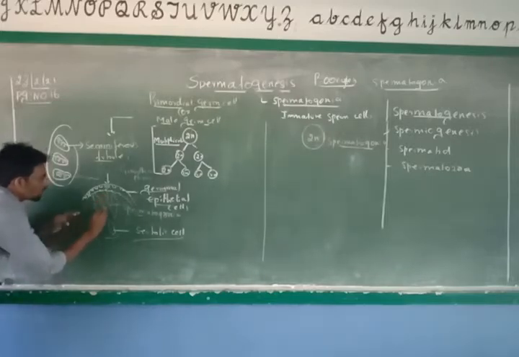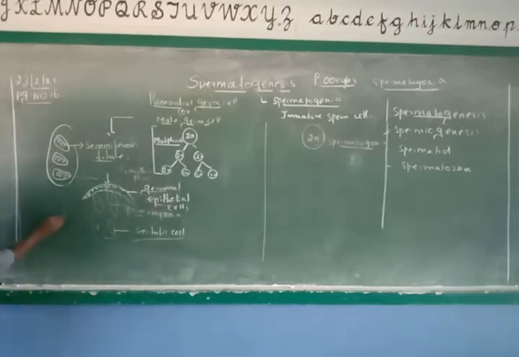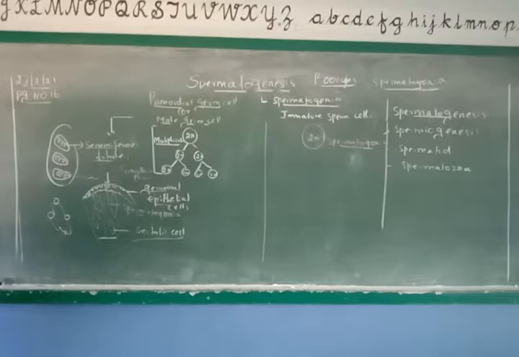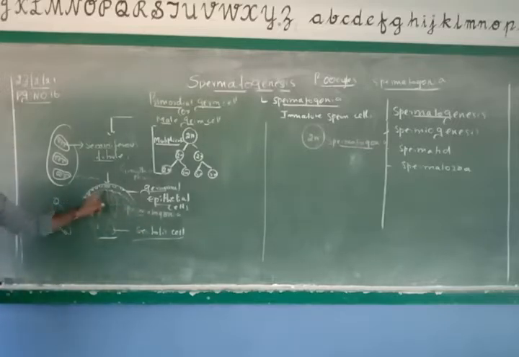See, this is going along with the Sertoli cells. So this spermatogonia will be fixed along with this Sertoli cell. To take nutrition, till it is going to the central part, it needs the help of the Sertoli cells. When the spermatogonia starts dividing here and moves into the central part, it will become mature.